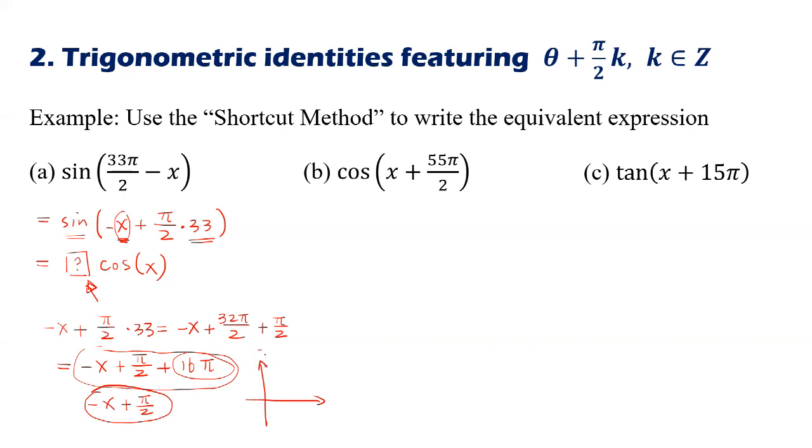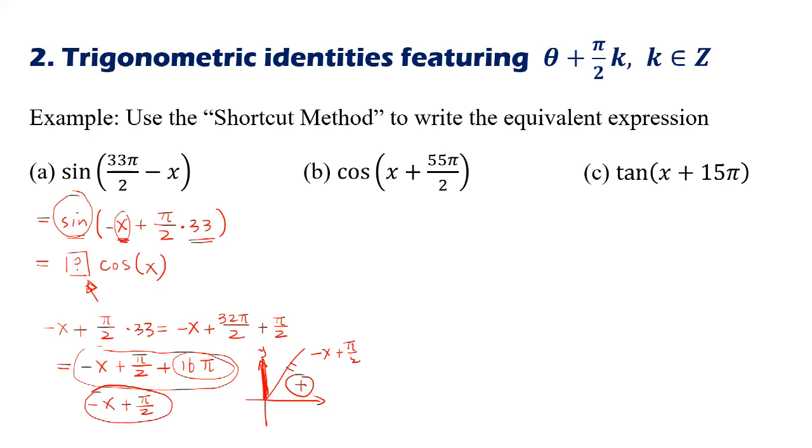Half pi is here, right? So this is half pi. And minus x, x is acute angle. So the new angle should be here. This is minus x plus half pi, right? It must be in the first quadrant. In the first quadrant, let's consider the original ratio here. In the first quadrant, sine must be positive, right?